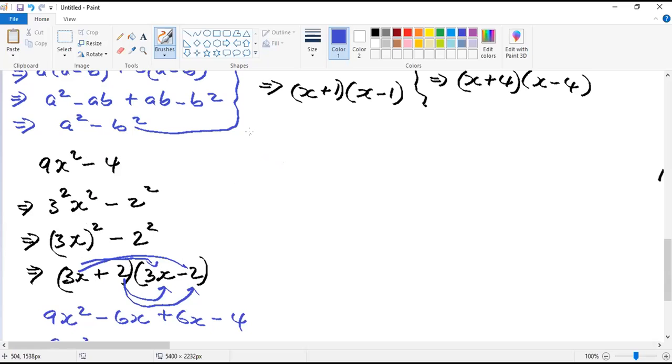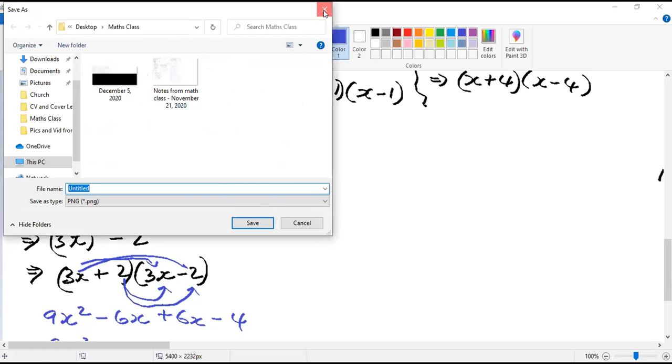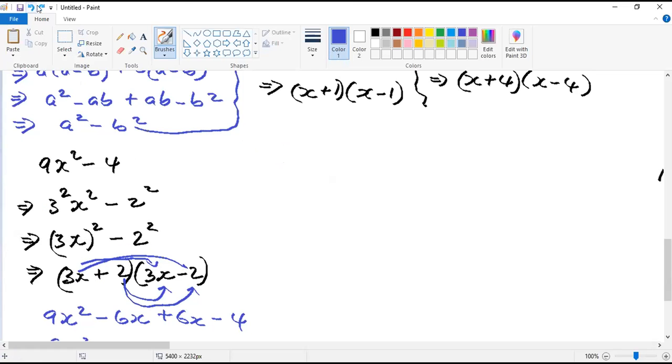Let me give you another question. Try this one out: 16x squared minus 36.